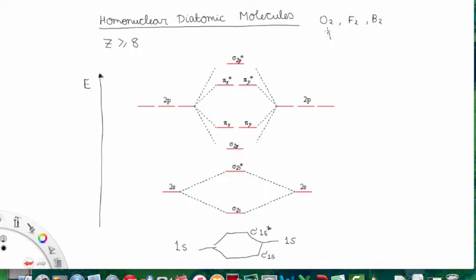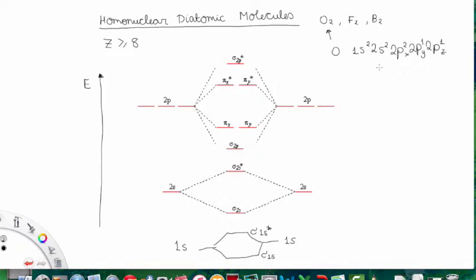Let's do O2. So the oxygen electronic configuration is 1s2, 2s2, 2p4, with 2p2, 2p1, 2p1, because it has 2, 4, 6, 7, 8 electrons. So although this 2p2, 2p1, 2p1 looks kind of funny, it's because there's x, y, and z p orbitals.